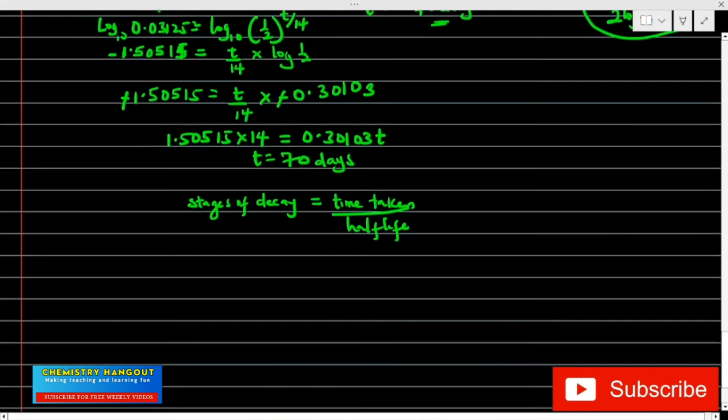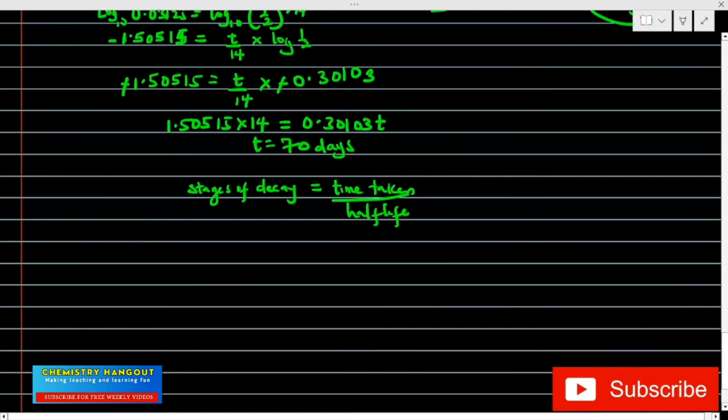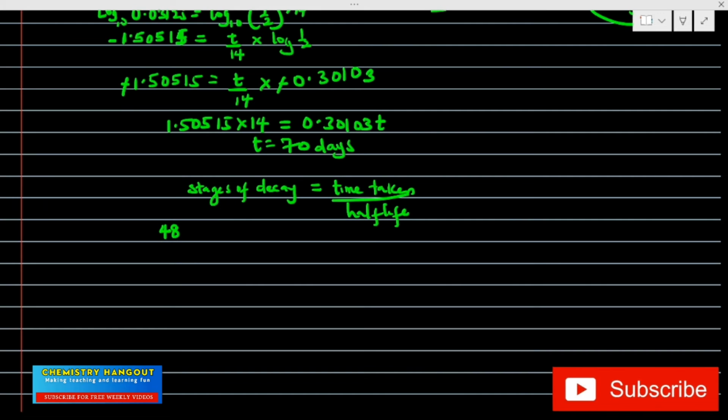What is our stages of decay? Now look at that. The element came from 48 to what? To 1.5. So let's see how many stages the decay will occur, because we are talking about half-life. So 48 divided by 2 gives 24.